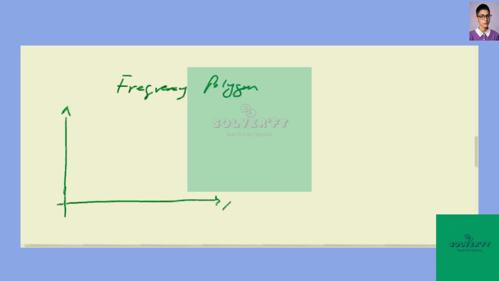So in this sense, for the frequency polygon, we need the midpoint. So we still have the x-axis, and we have the y-axis. We still have the partitions like before.